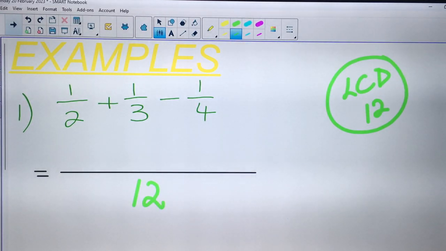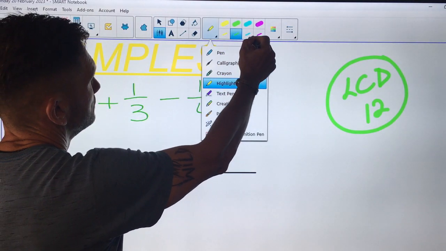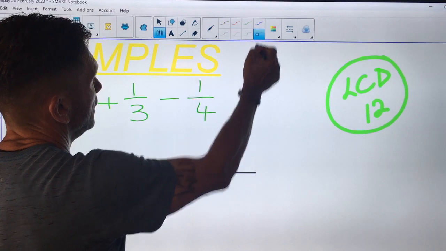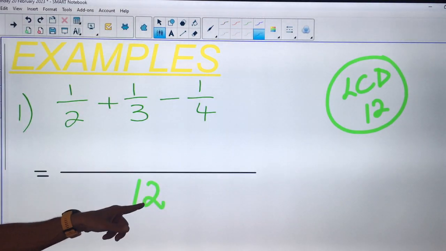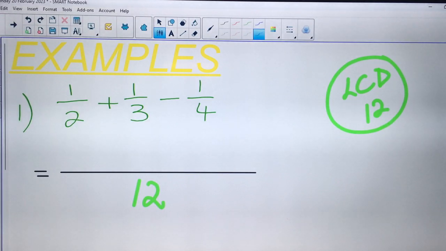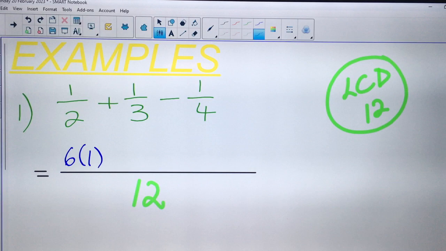So how did I change 2 into 12? What did I do to 2 to become 12? 2 times 6. So we multiplied by 6. So there was a 1 on top, so that's 6 times 1, which is 6.